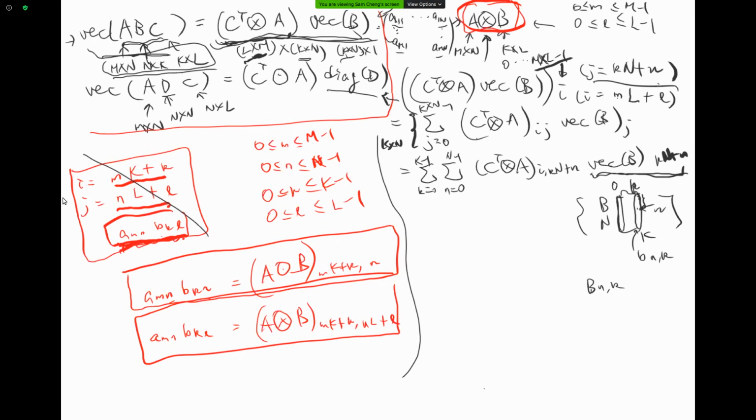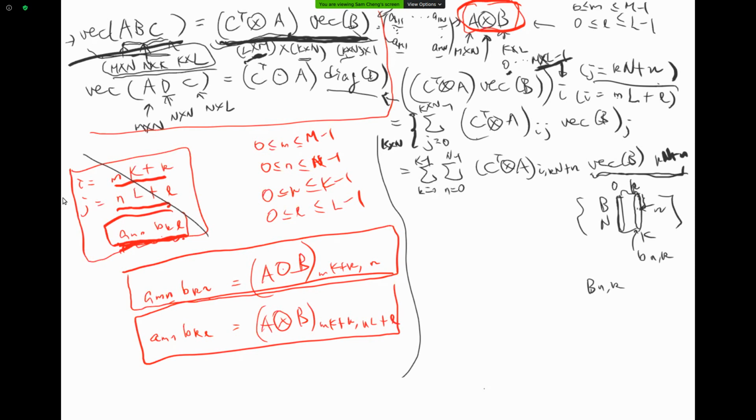So let me repeat. Originally, what I want to make sure is that I look at each of the elements in these vectors. I want to show the right hand side is the same as the left hand side here, and the number of elements there is M times L. So the index goes from 0 to M times L minus 1, and so instead I go for each I from 0 to M times L minus 1.